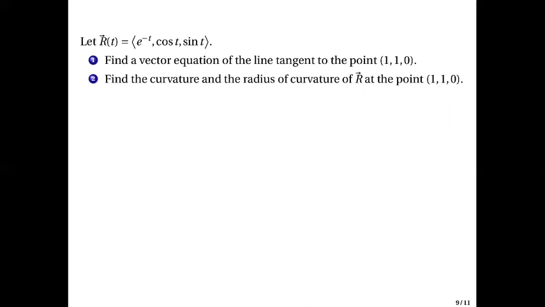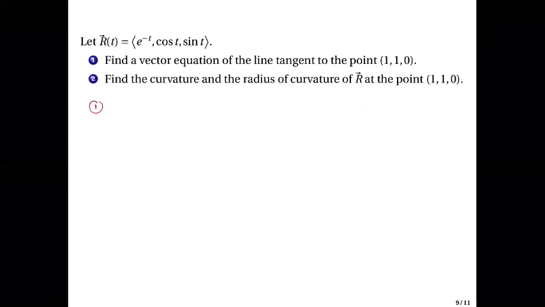So let's do the easy part first. So we want the tangent line. For the tangent line, we need the direction of the tangent vector. But we just need to get the derivative of r.